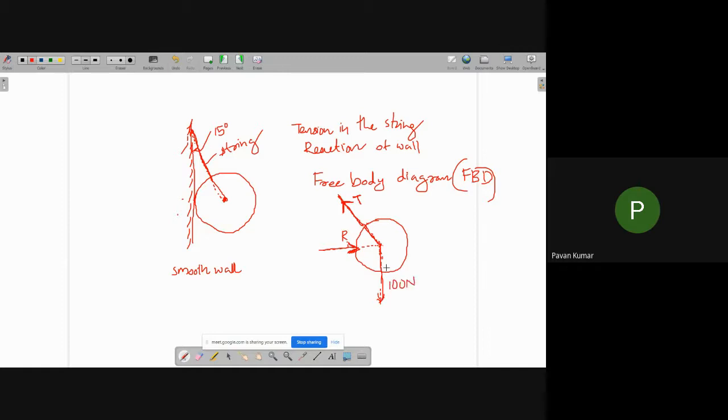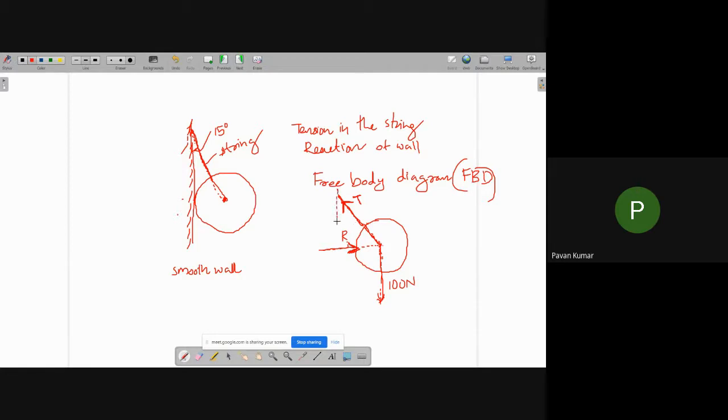So this is a free body diagram. Okay. First we isolated the ball from the string and wall. Then we drew the external forces, that is the tension, the reaction and the self weight. Okay. So this is a free body diagram.